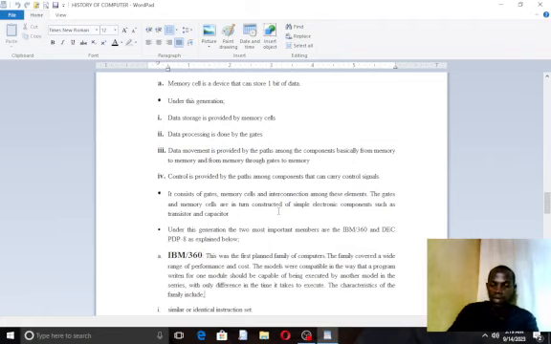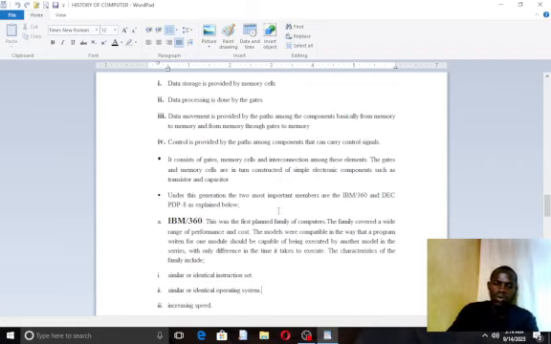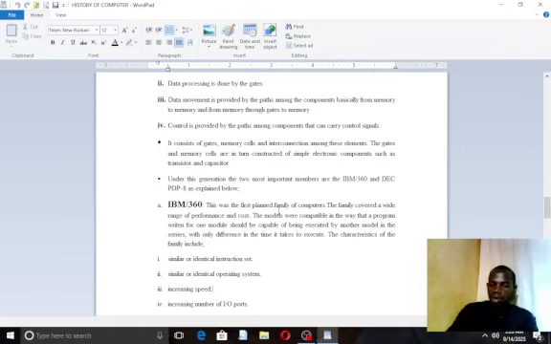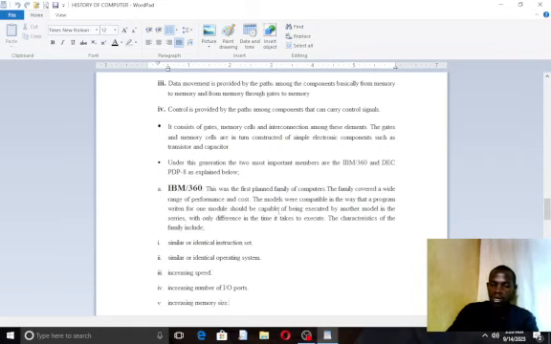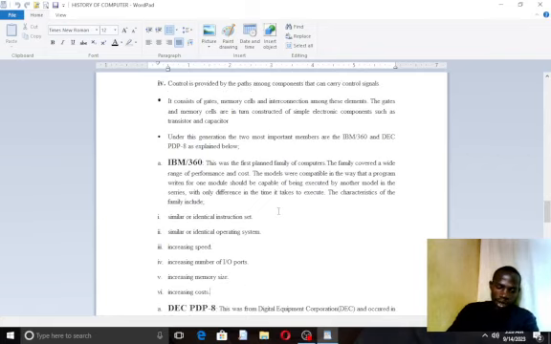They are the same family but in series, with the only difference being the time it takes to execute. The characteristics of a computer family include a similar or identical instruction set, a similar or identical operating system, increasing speed, increasing number of input or output ports, increasing memory size, and increasing cost.